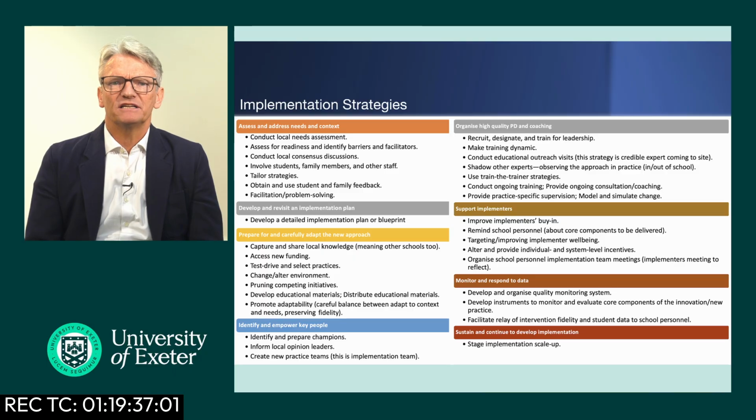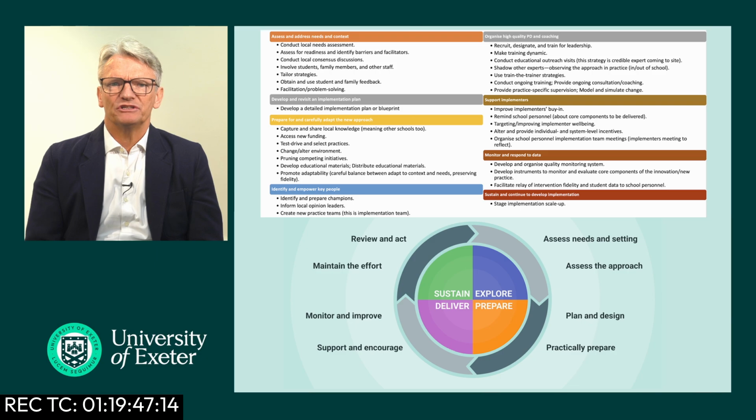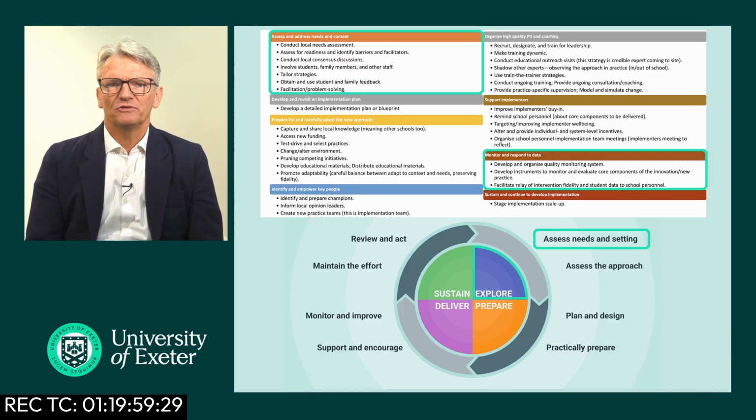Another similar set of overarching strategies is from our evidence review, where we organise each of the individual strategies under 8 overarching strategies. The 8 overarching strategies are similar and organised by implementation phase, with assess and address needs and context, or assess needs and setting, expected in the explore phase, whereas monitor and respond to data, or monitor and improve, is expected in the deliver phase.